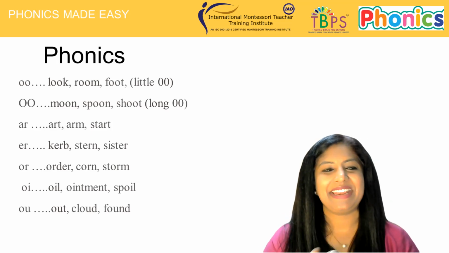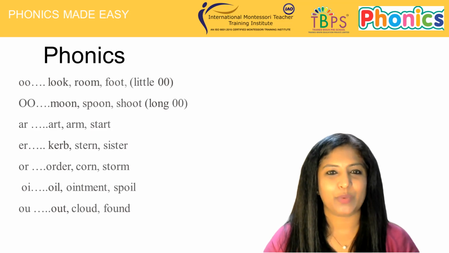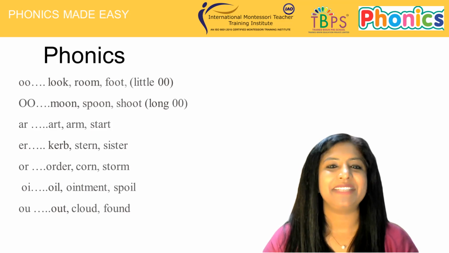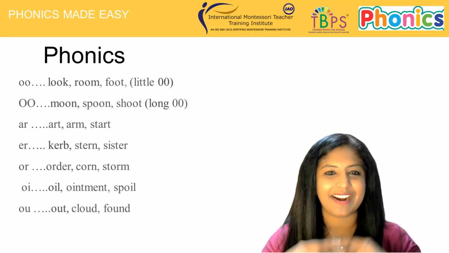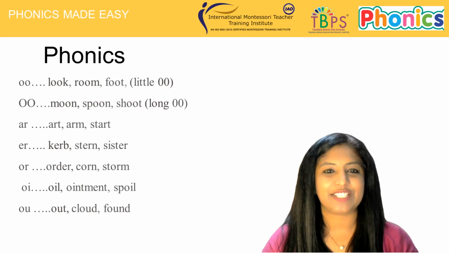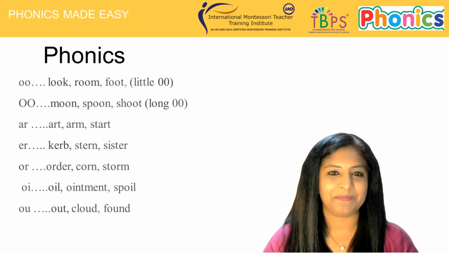Okay. Next three sounds are controlled by R. So we have AR, as in art, arm, start. ER, as in curb, stern, sister. OR, as in or.